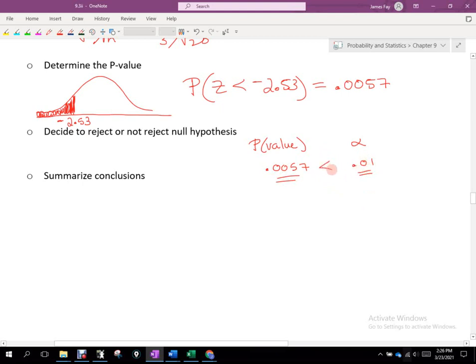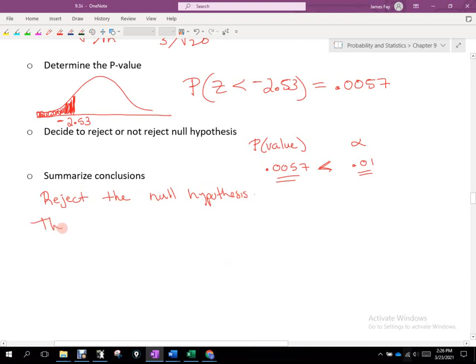It's less. Okay, so when that is the case, when your p-value is less than your alpha, you're going to reject the null hypothesis. Okay?